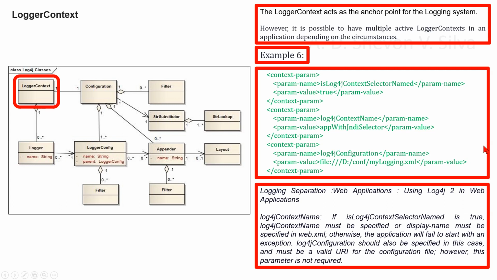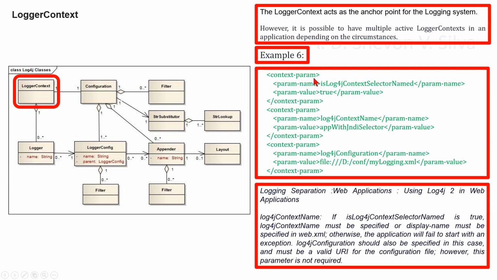By default, Log4j 2 uses the servlet context name as the logger context name and uses the standard pattern for locating the Log4j configuration file. There are 3 context parameters that you can use to control this behavior.